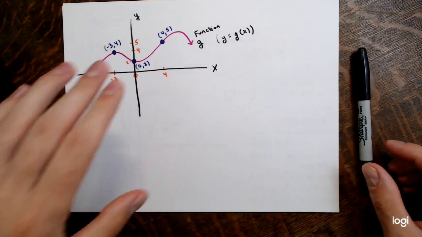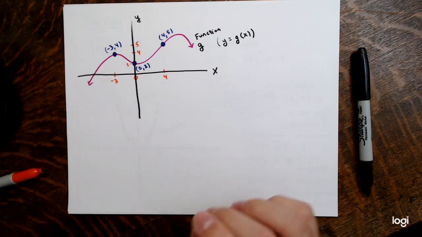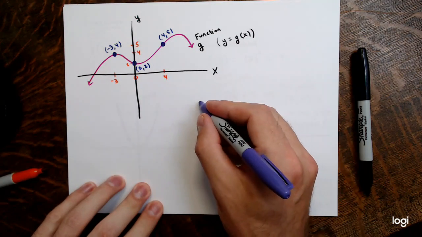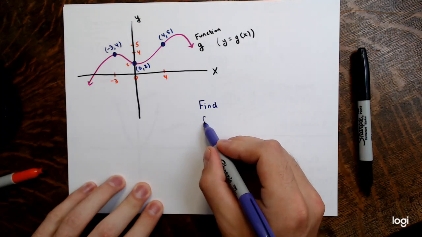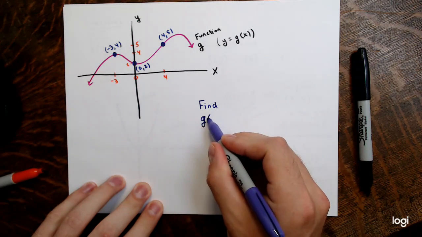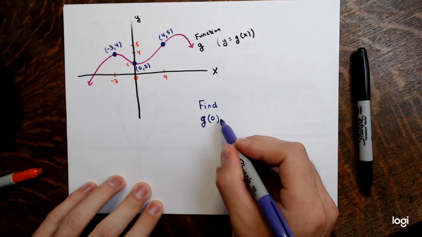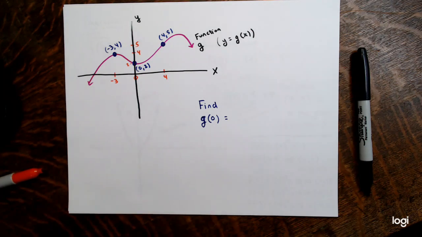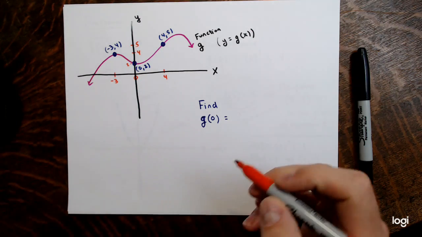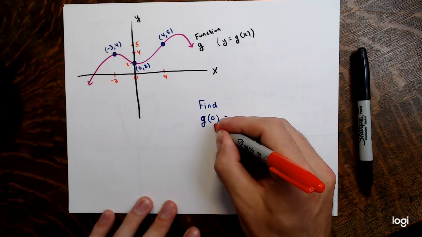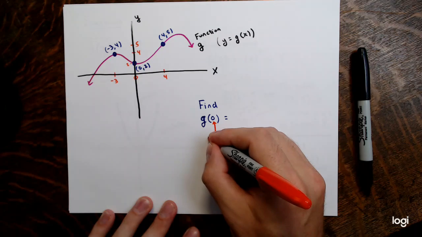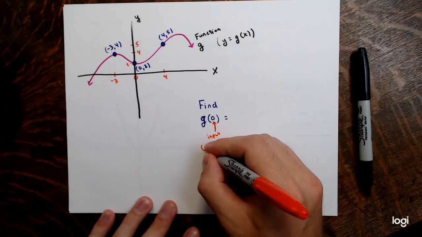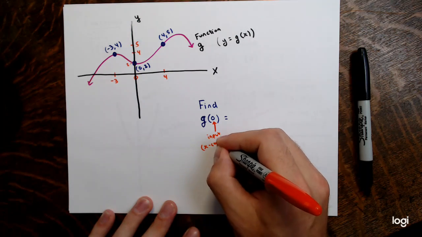So if I'm given a graph of some nonlinear function and they ask me, find g of 0. What's g of 0? Well, I mentioned this before. What's inside the parentheses, that number, is the input or the x-coordinate.